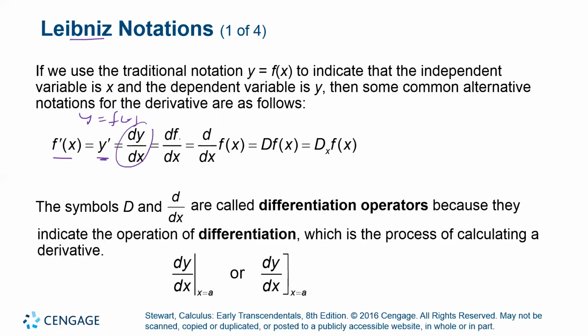Now it's f of x. I can also say that I'm differentiating f with respect to x. If you write this d over dx, it means differentiate f with respect to x. WRT means with respect to x.